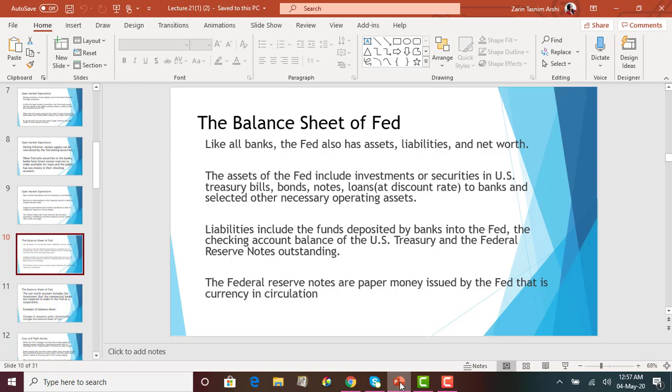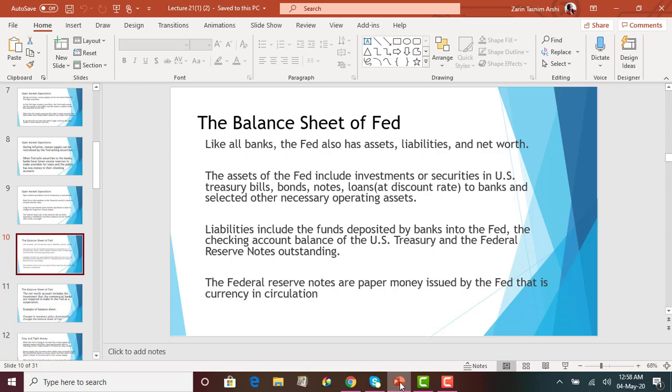The assets of the Fed, basically, what are the assets of the Fed? What should be listed under the assets of the Fed? These will include investments. When the Fed is buying securities, when the Fed is buying bonds from the public and from the banks, those are their assets. They are basically paying money to buy those securities. So any type of securities, any type of treasury bills, any type of treasury bonds, these are all assets for the Fed.